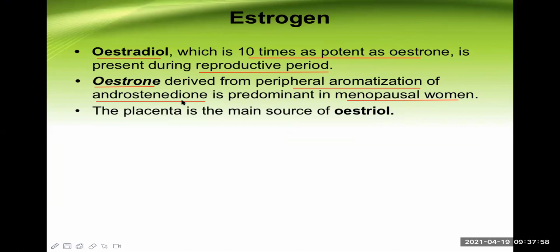The estrogen is obtained from aromatization of androstenedione, which is secreted by adrenal gland, and this aromatization occurs in the peripheral fat, and that is the main source of estrogen in postmenopausal women. This is a much weaker type of estrogen in comparison to estradiol. In the pregnancy, placenta is the main source of estriol. This is another type of estrogen.